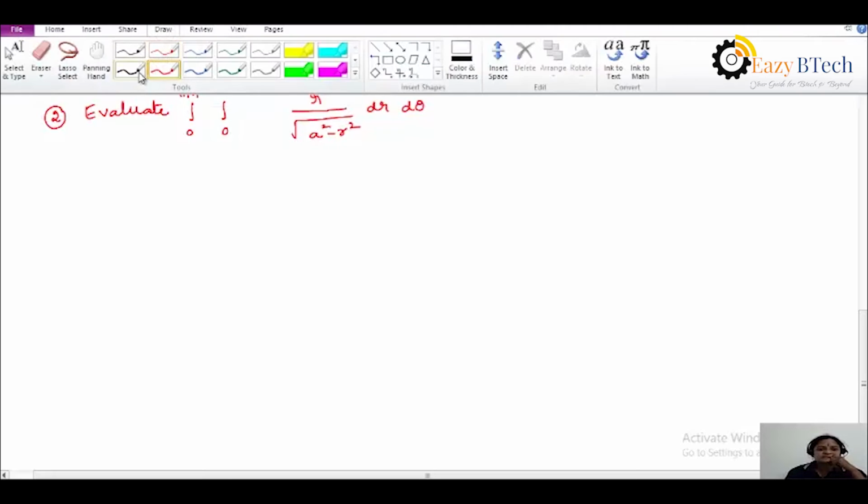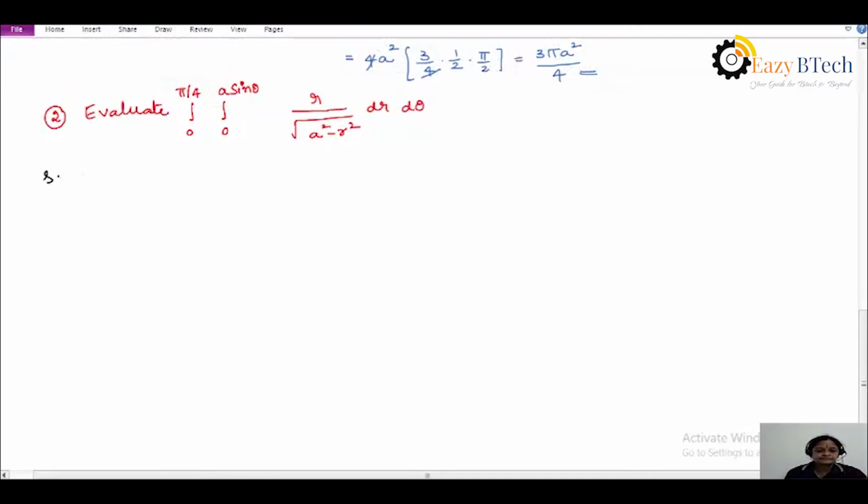Okay, so the solution. It was given that 0 to pi by 4 and 0 to a sin theta, r by root of a square minus r square dr d theta.